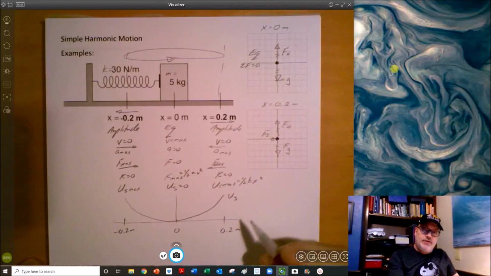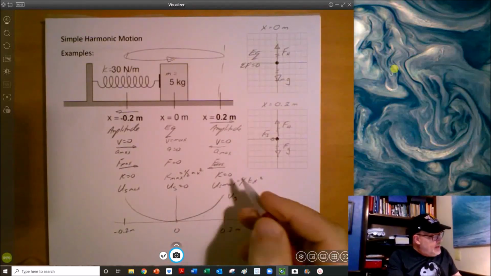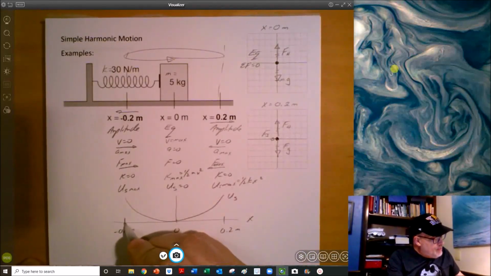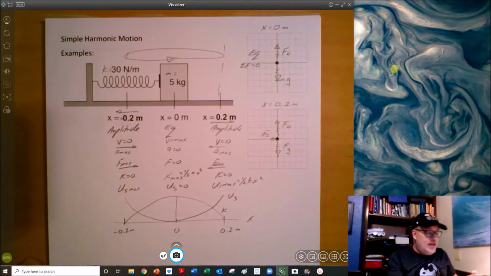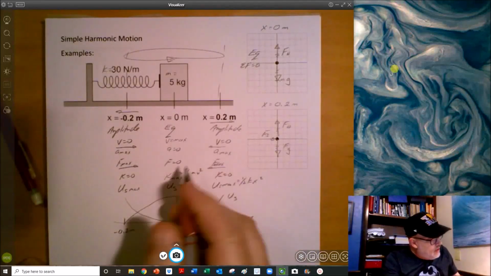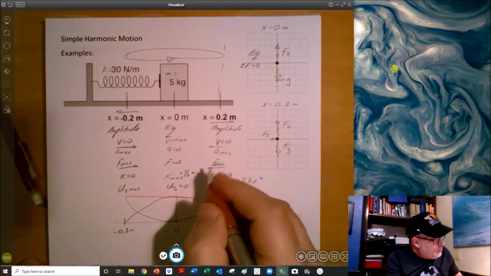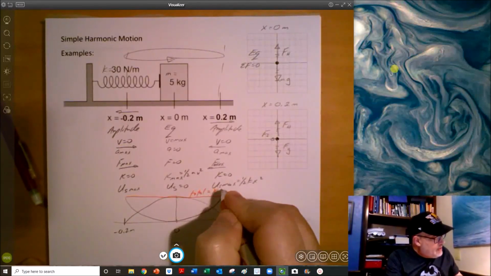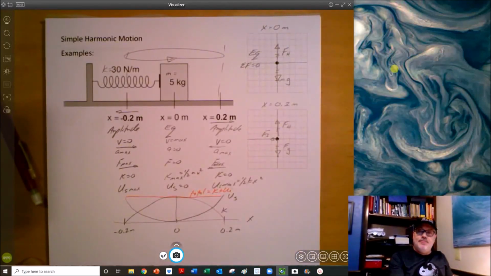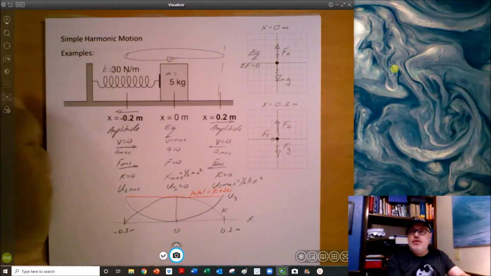It's proportional to x squared, and this is x. Our kinetic would be just the opposite, like this. There's our kinetic, because it's maximum in the middle, 0 on the ends. And if we add those two up, this should be our total energy, which equals kinetic plus potential. And that should be constant the whole time.